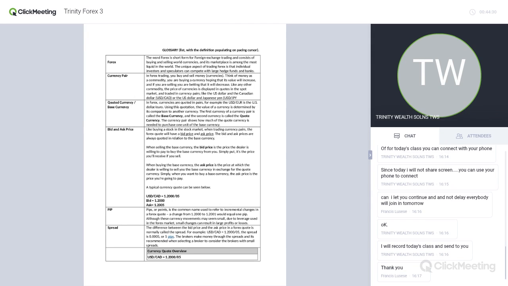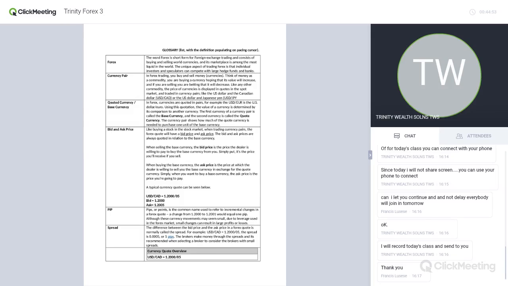So like in our previous quotation, USD CAD, bid price was 1.2000, asking price was 1.2005. So the spread is the difference. That is 1.2005 minus 1.2000, which is 5 pips, right?